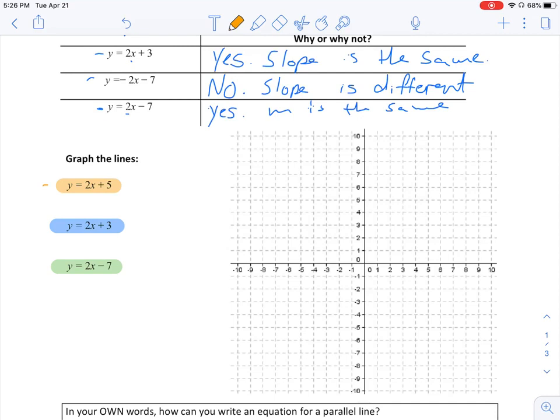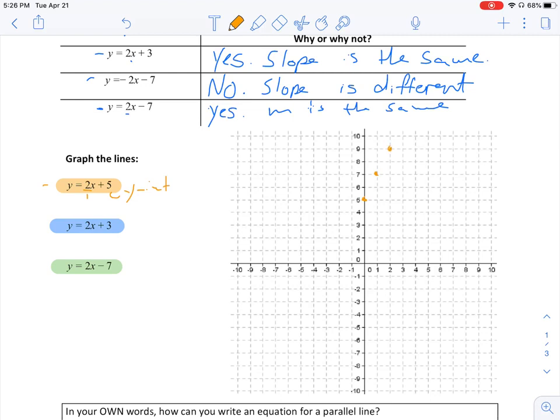I'm starting off by stating my y-intercept, which would be at positive 5. And my slope or rate of change is 2 over 1. So I'm going positive 2 and then over 1 unit. Now the units on this grid, Cartesian plane, are all 1 units. So up 2 over 1 would look like this.